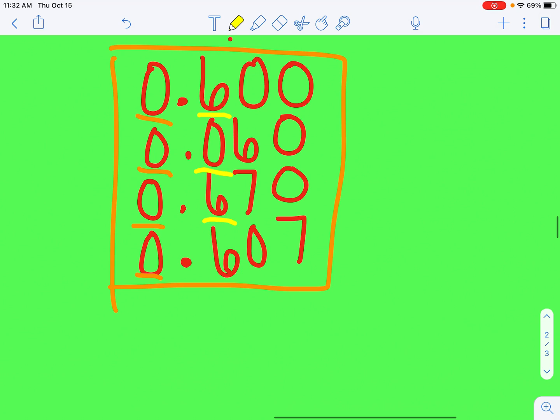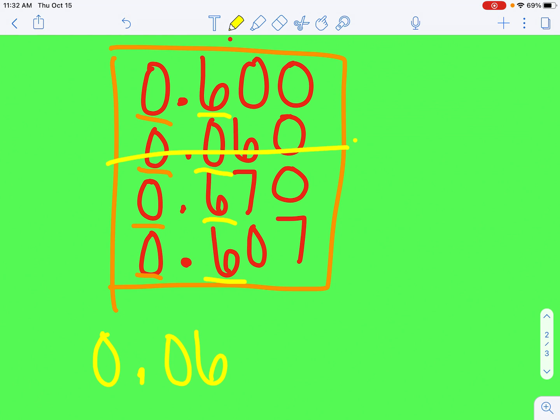In my tenths place, I have a 6, a 0, a 6, and a 6. Which number is smaller, the 6 or the 0? Right, the 0 is. So that tells me this is my smallest number right here. So 0 and 6 hundredths. And then I can cross it off. I'm done with it.